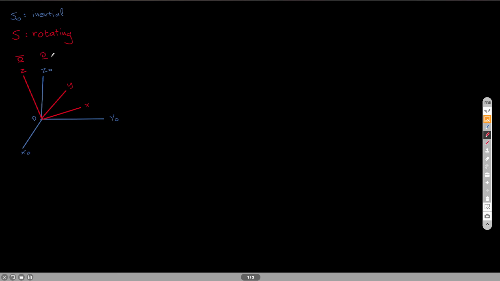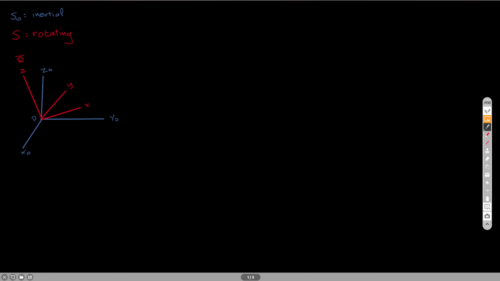One way to write an uppercase omega is the circle and the line, and because this is the angular velocity vector of the rotating frame of reference, I'm also drawing one more line on top to show that this is a vector. The lowercase omega looks like this, if that's a vector. Anyway, this is what that represents.